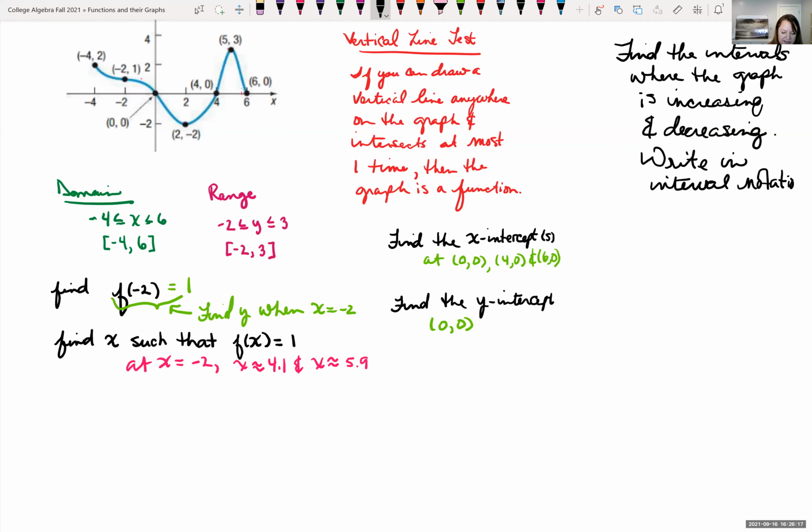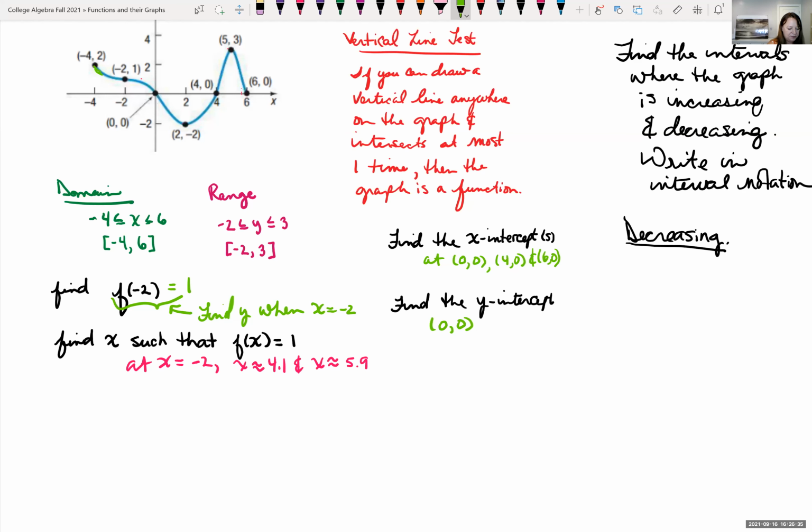Okay, let's look at decreasing first. Where is this going down from left to right?